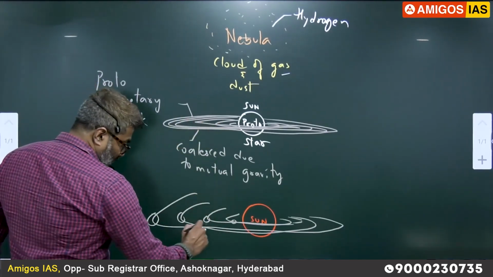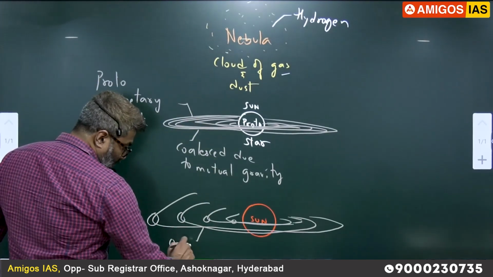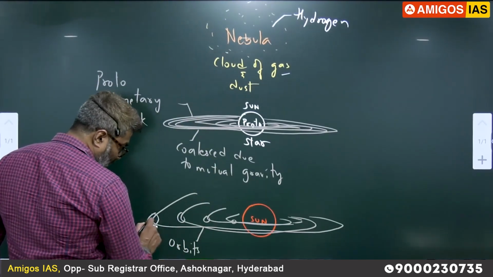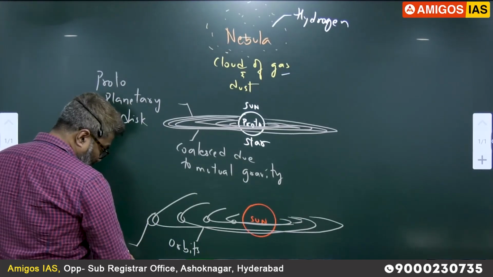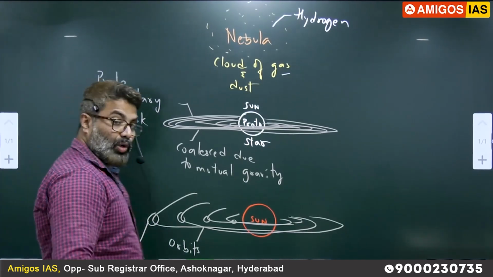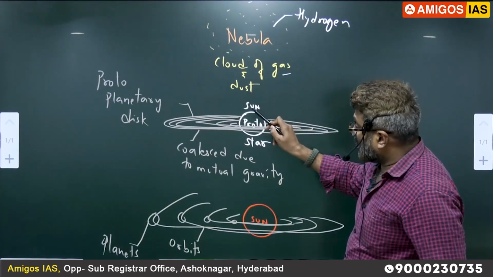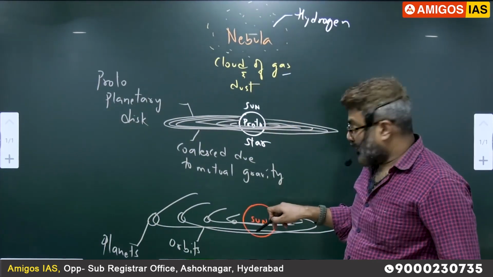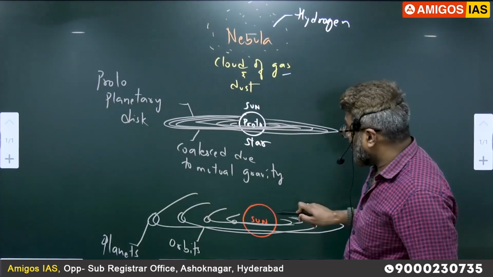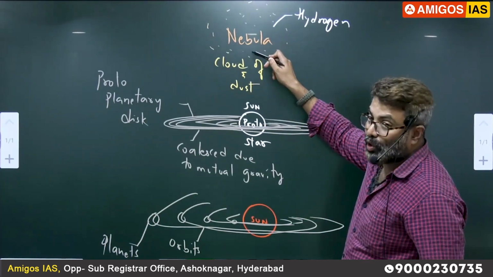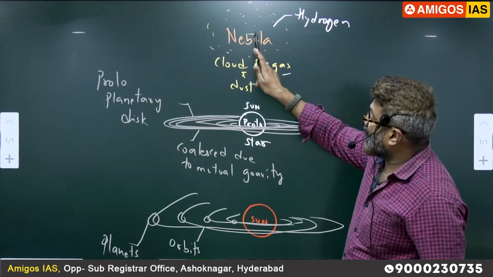So please remember, these are orbits, these are planets. So slowly from the nebula, the solar system was formed and the planets were formed slowly, you can see. So if they ask you how our solar system formed, we have to start from nebula.